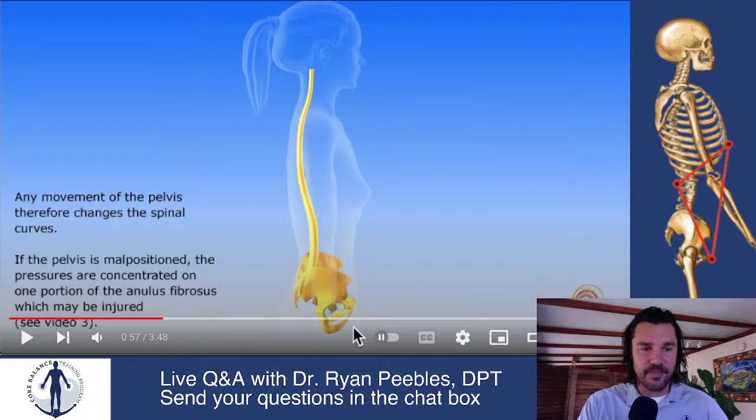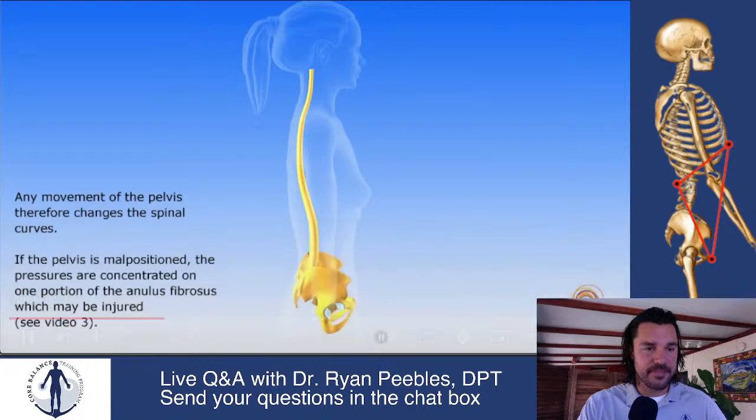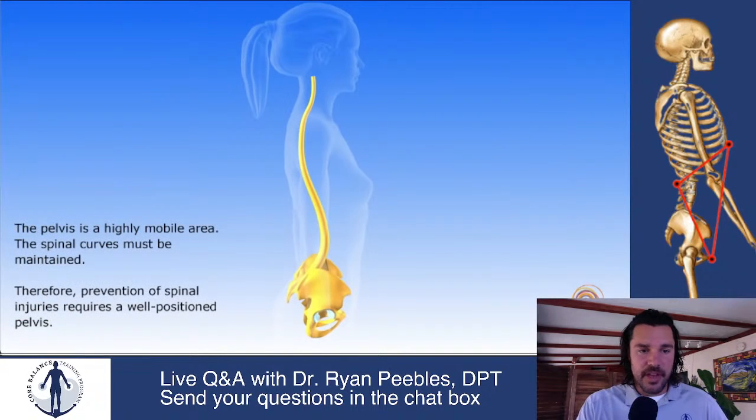It's almost to neutral. But we call it posterior tilt because it naturally sits in a kind of anterior position, and the curve of the lumbar spine flattens out quite a bit when it's in a posterior tilt. So that would be neutral there.